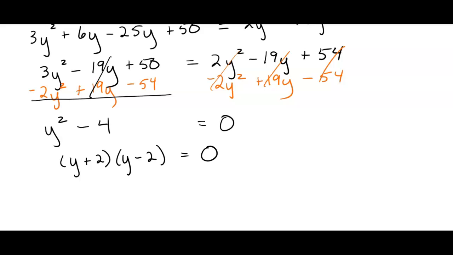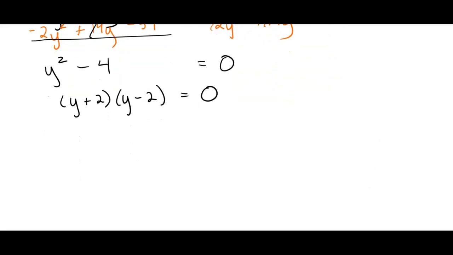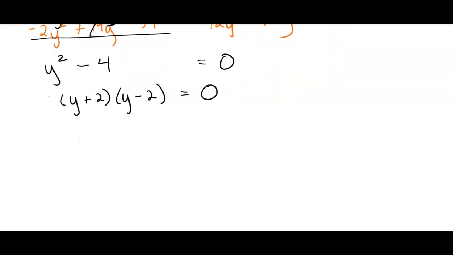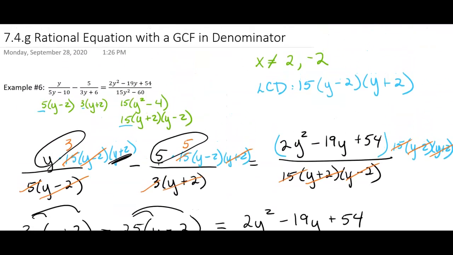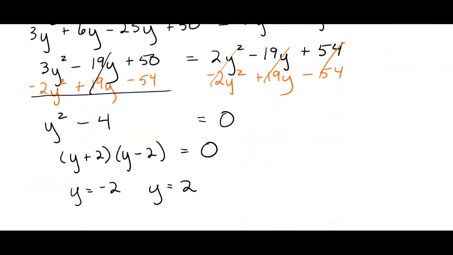So if you think about what the solutions are, think about the zero product principle. You're going to have y could equal negative 2, or y could equal 2. But we're going to have to check those extraneous solutions. So where were they? They're way back up here. 2 and negative 2.